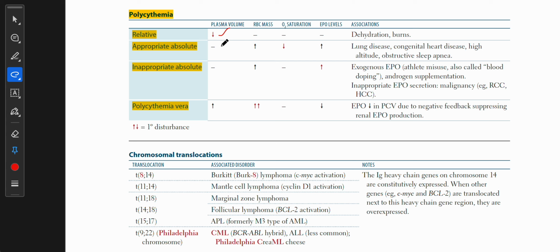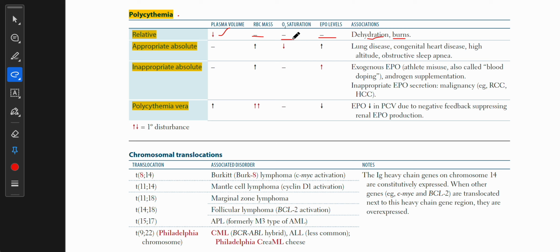Since there is a decrease in plasma volume, there is increased concentration of red blood cells that will cause polycythemia. RBC mass is normal, oxygen saturation normal, EPO levels normal, because it is not a case of any compensatory mechanisms or destruction or decrease in amount or loss kind of situations. It is simply due to relative loss of plasma volume, and thus the concentration of RBC increases.